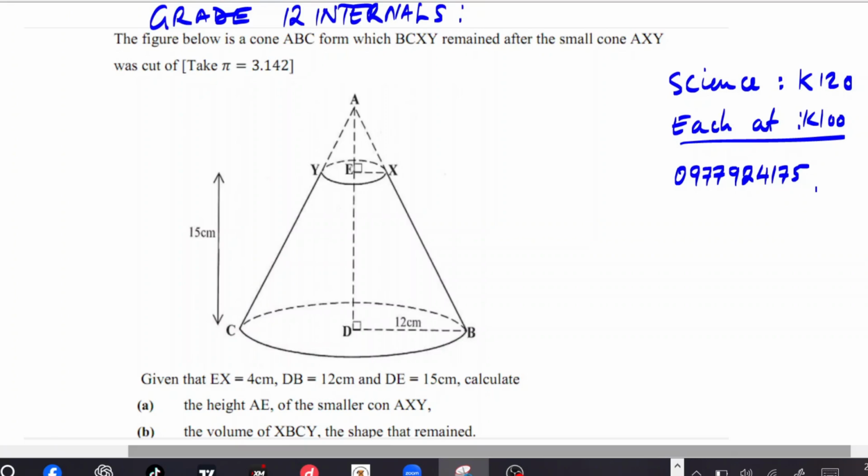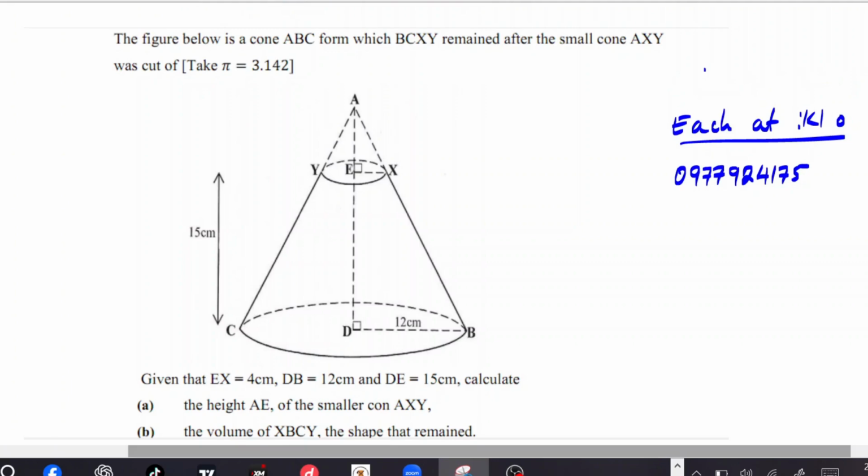So today we want to look at this question, which is coming from a topic known as mensuration. We want to answer this question in case it comes in an exam.